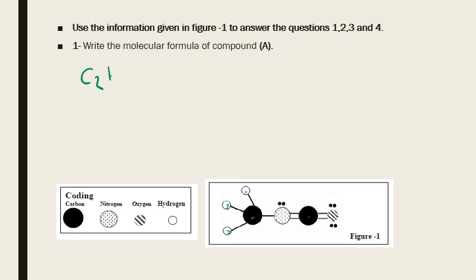So we write C2H3. Then we look at nitrogen. Nitrogens are the ones that have kind of an arrow in them, so you write N. And oxygen is the one that has these striped molecules. We've only got one of these, so you write NO. So this is how we write the molecular formula.